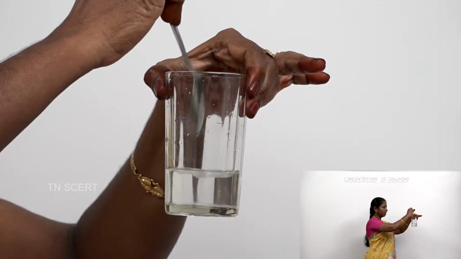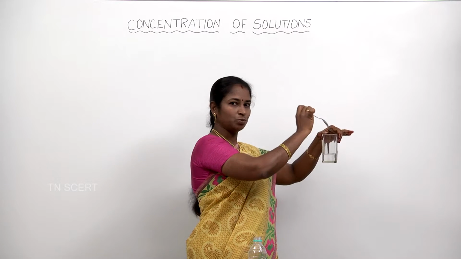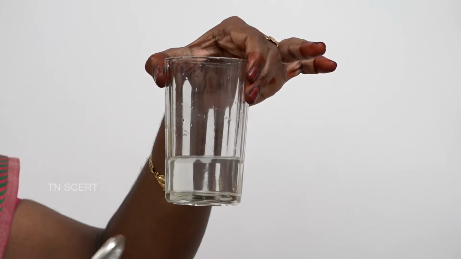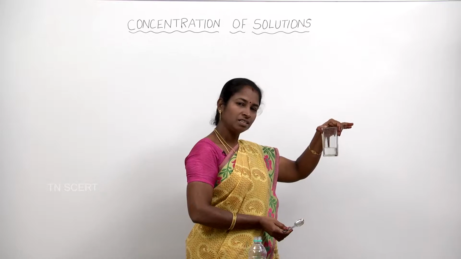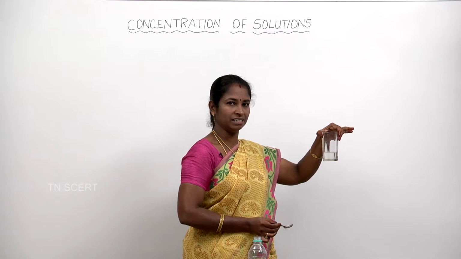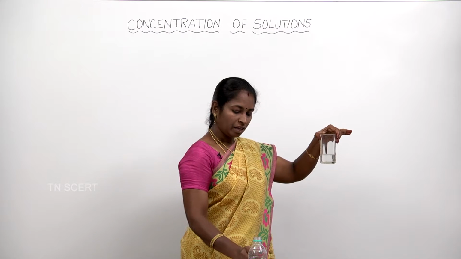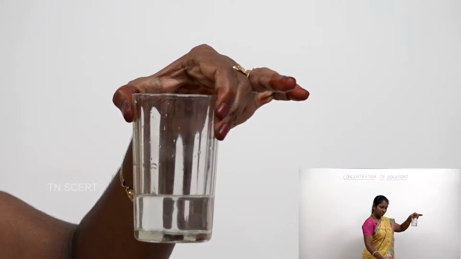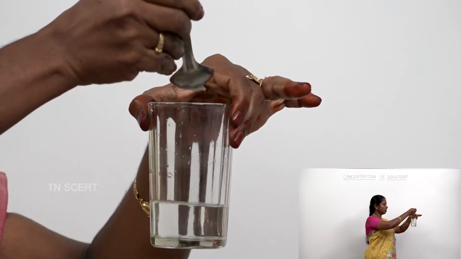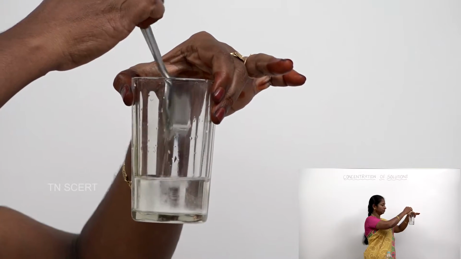Okay? Now, I added only 1 spoon of salt. What about the concentration of this solution? This solution has a particular concentration. Now, again I am adding another spoon of salt to the same solution.